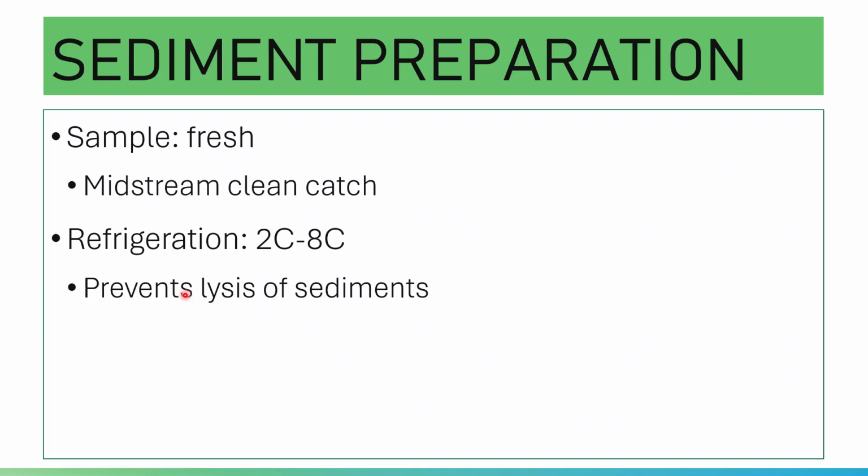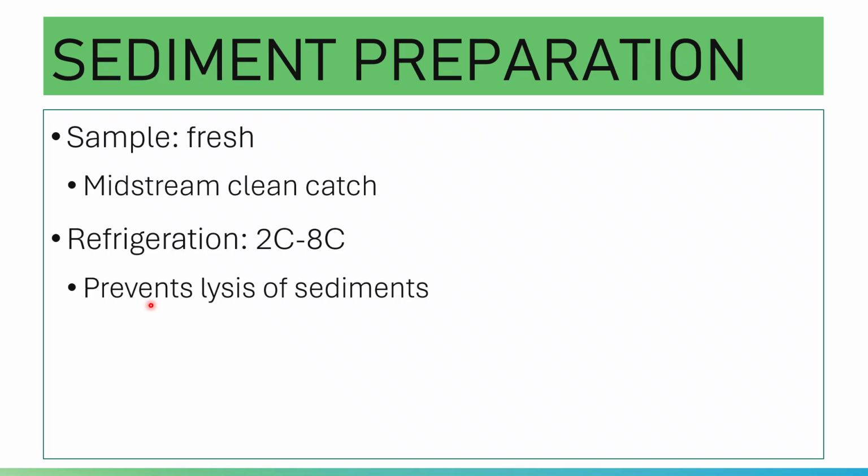Please note that samples should be examined right away, as soon as you receive them in the laboratory, because your cells and your casts begin to lyse within 2 hours of collection.